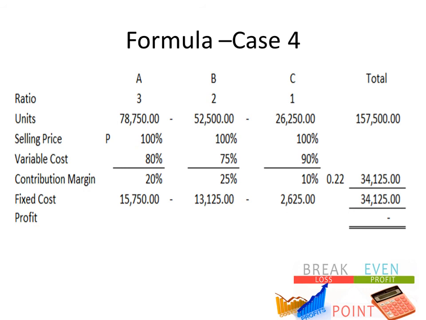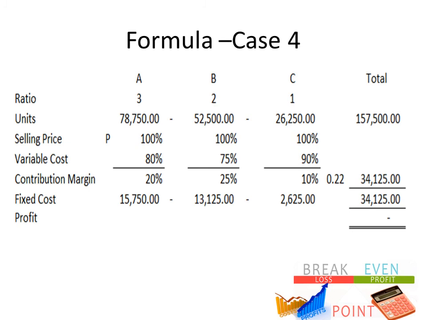And B is 50% more than C. So C is 1, B is 2, and A, composed of 50%, is 3. Okay?